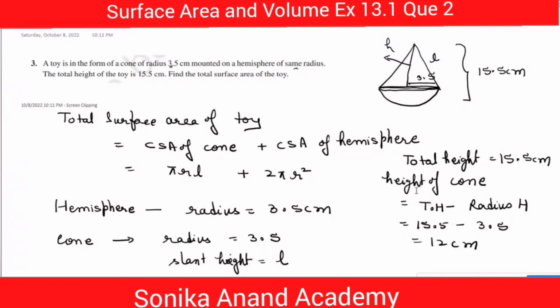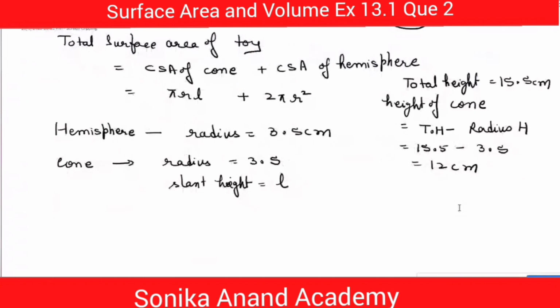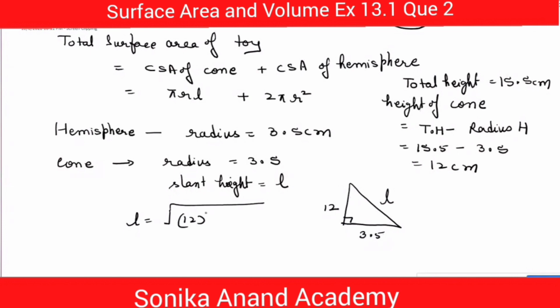Now we have to find the slant height using the Pythagoras theorem. So here we get 12, this is 3.5, and this is our slant height. That means slant height is equal to under root of 12 square plus 3.5 square.